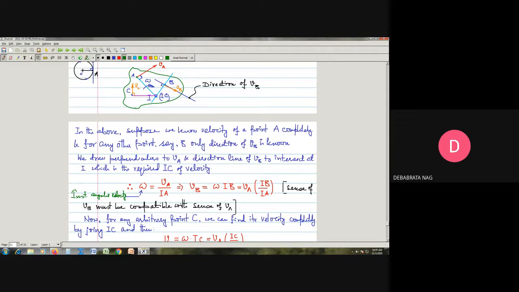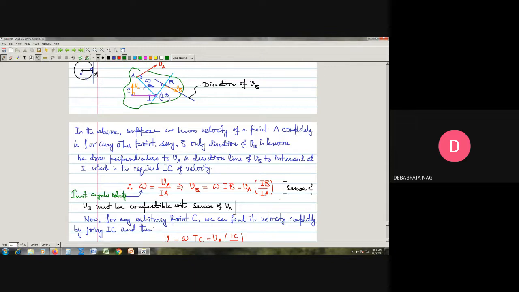So the sense of VB will be commensurate with that sense of angular motion. In that case, the sense of velocity of point B will be in this direction. So I say VB will be equal to VA into IB by IA, and the sense of VB must be compatible with the sense of VA and omega.